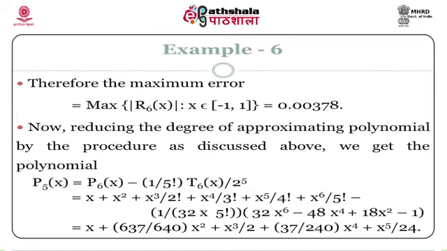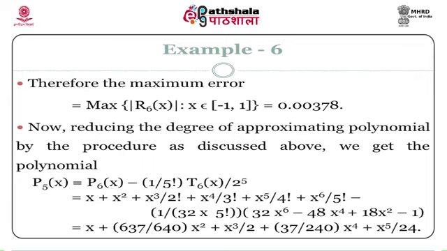So, P6(x) minus 1 upon 5 factorial into T6(x) divided by 2 raised to 5. So, x plus x square plus x cube by 2 factorial plus x raised to 4 by 3 factorial plus x raised to 5 by 4 factorial plus x raised to 6 by 5 factorial, minus 1 upon 32 into 5 factorial into T6(x), which is given to be 32x raised to 6 minus 48x raised to 4 plus 18x square minus 1.